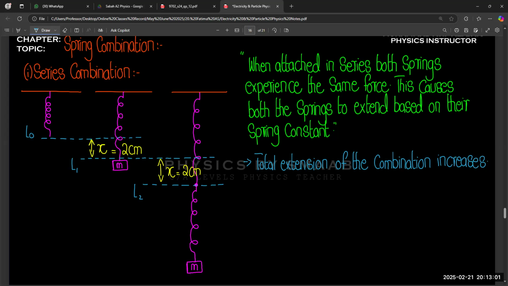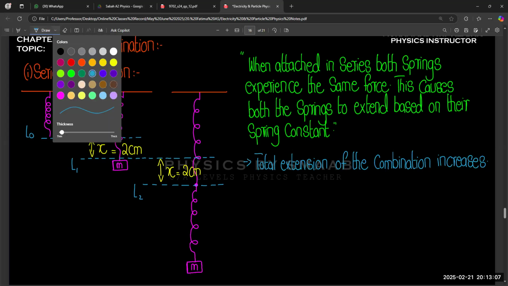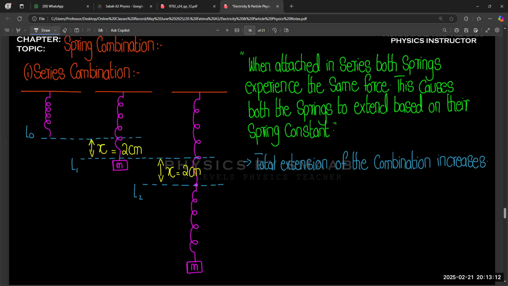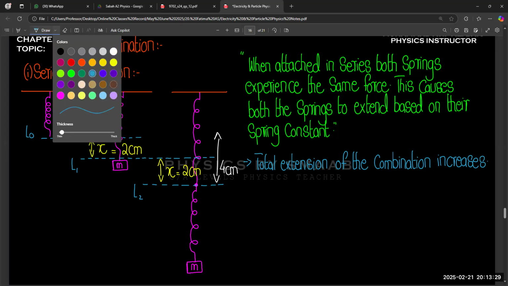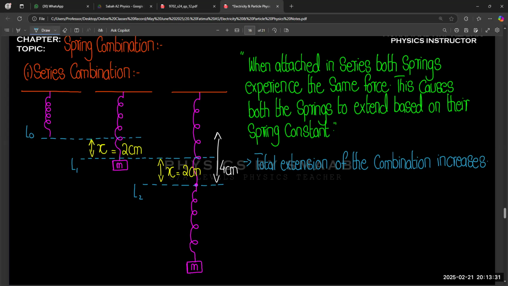And to understand this point, just like in the first condition, we got 2 centimeter extension. This time we got 2 more centimeter extension. So total, we got actually 4 centimeter extension. So this total value is equal to 4 centimeter combined. So that's why the total extension increases in series combination as compared to the previous value.